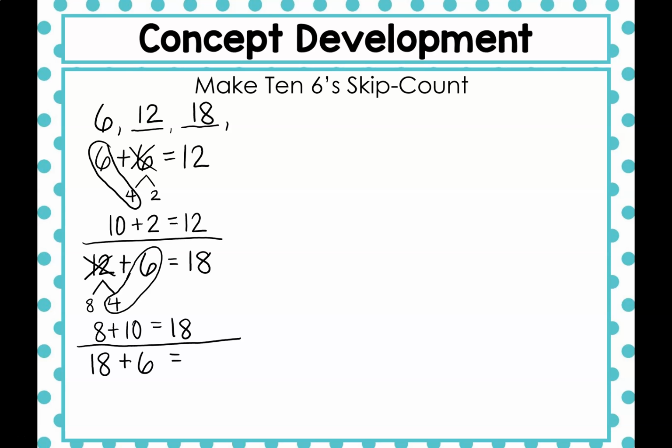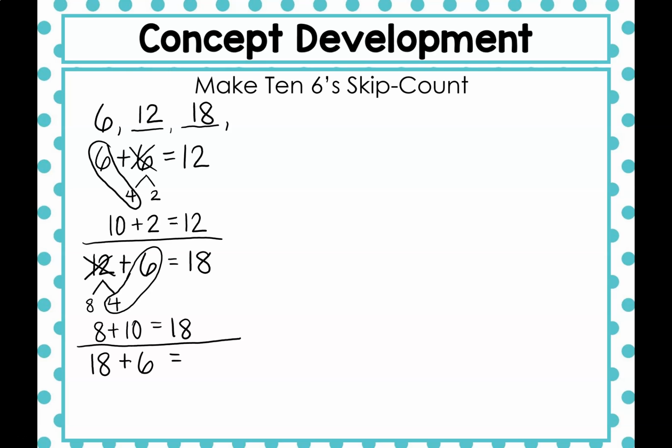Okay, so is there an opportunity between 18 and 6? Could we break one of these numbers down and then add it to another number to get it to a number that ends in 0? Look at how close 18 is to a number that ends in 0. What would we need to add to 18 to make it an easier number?